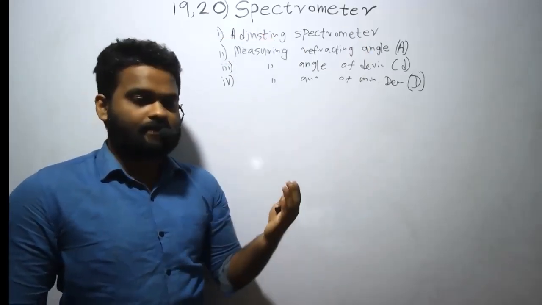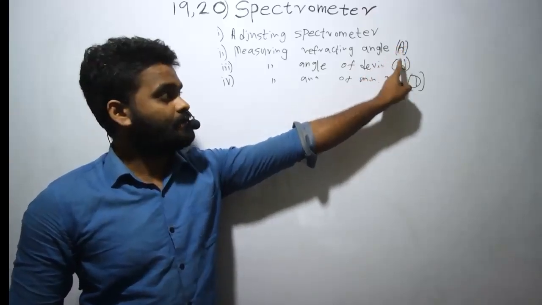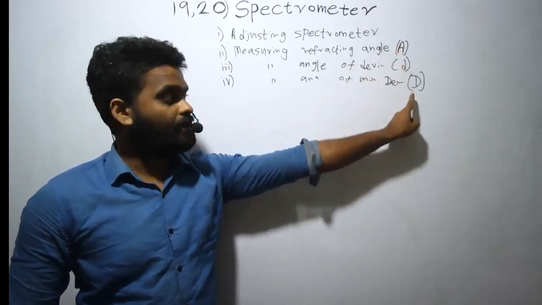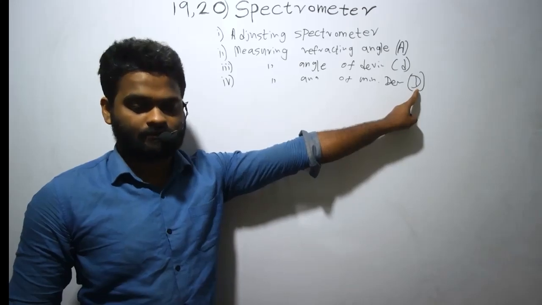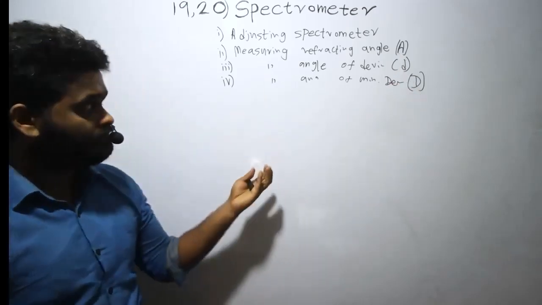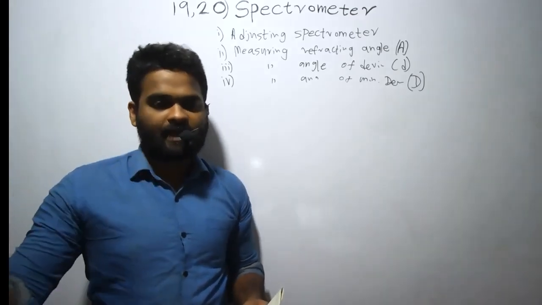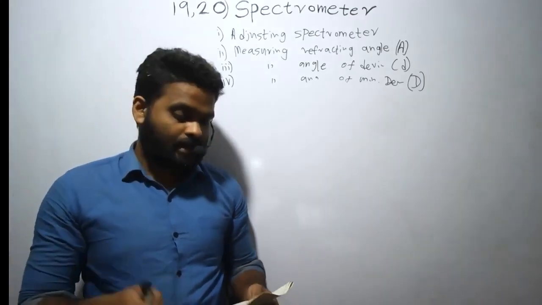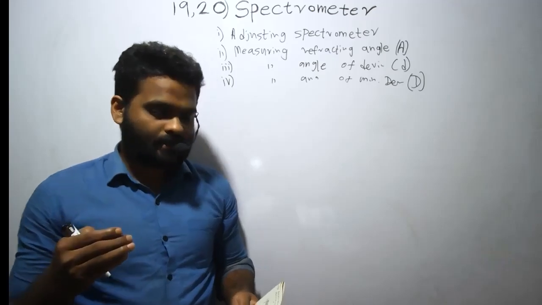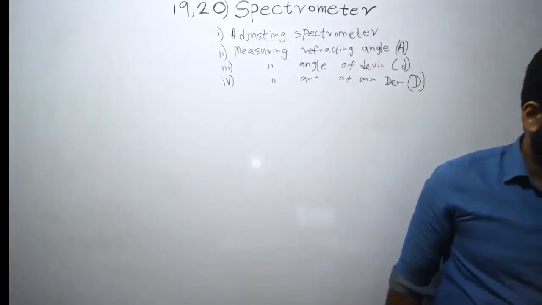Once you adjust it, you can measure these angles: refracting angle, angle of deviation, angle of minimum deviation. So that is what we are going to do in this part, right? A bit lengthy experiment, but bear with me, this has so many marks in the exam as well.